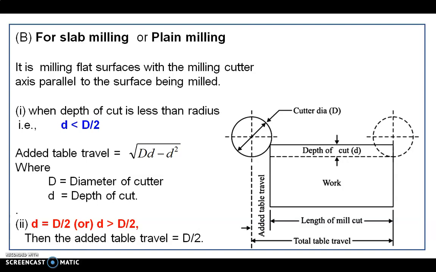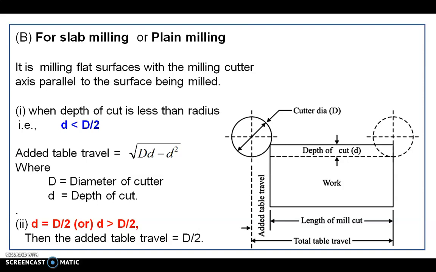When the depth of cut is less than the radius of the milling cutter, then the added table travel equals square root of D capital multiplied by d small minus d small the whole square. When the depth of cut equals D by 2 or is greater than D by 2, the added table travel equals D by 2. So please keep this in your mind.